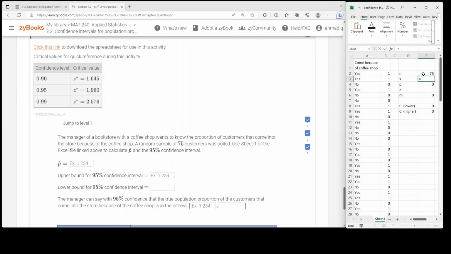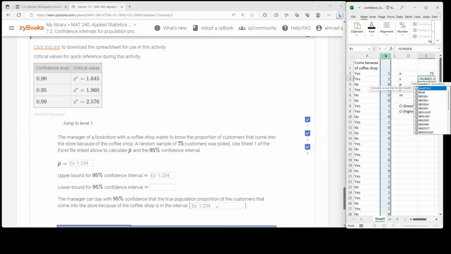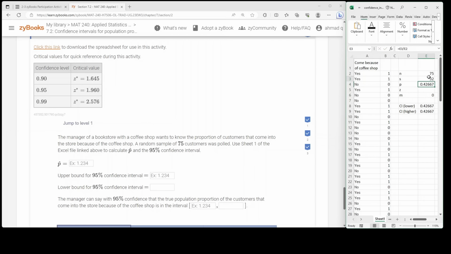For the number of successes, we will just use equals sum, and remember to type the parentheses here and then click on the header for B. So 32 out of 75. So that answers the first question, which is what is the sample proportion P hat, which is 0.427.